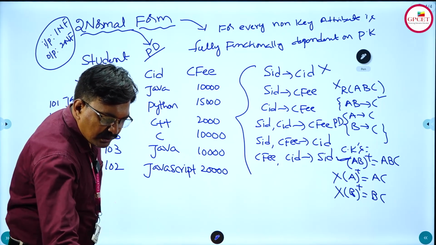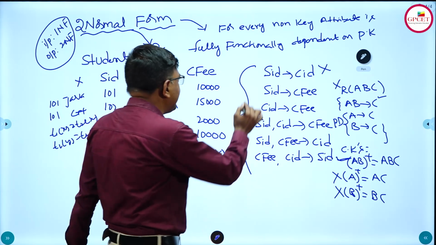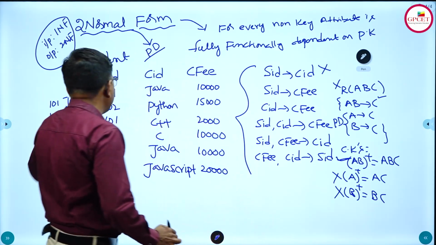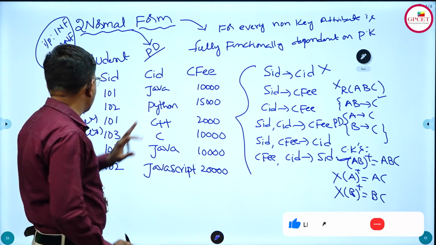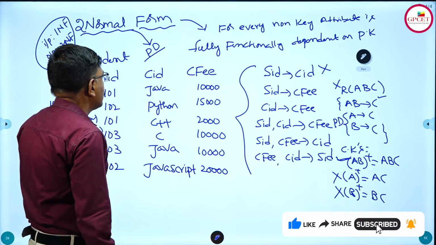Second one, SID tends to course fee. 101 has 10,000, and the other 101 has 10,000, no problem.